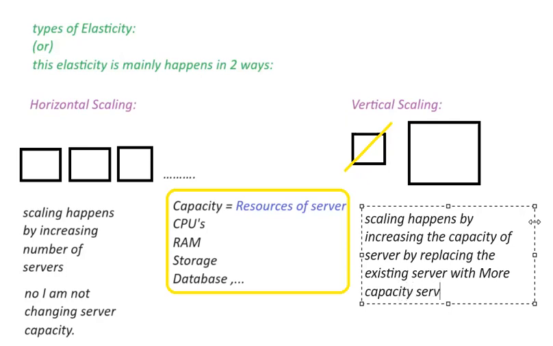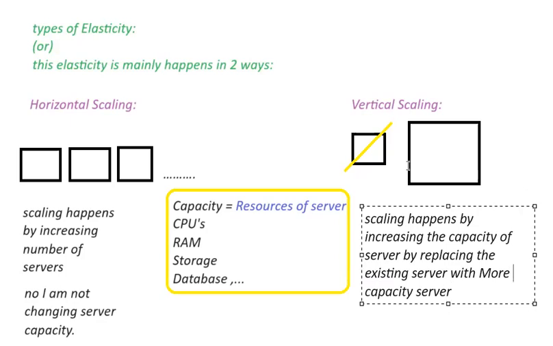So now my question is, if my server has very high capacity and my traffic is very low, then do I need this very high capacity server? No, right? So I don't need this high capacity server.